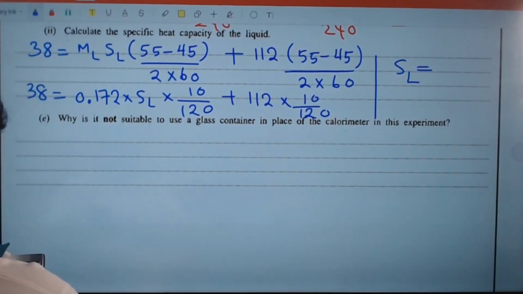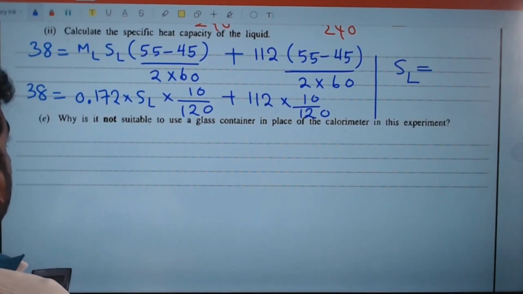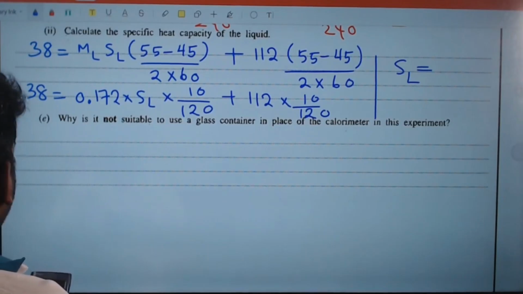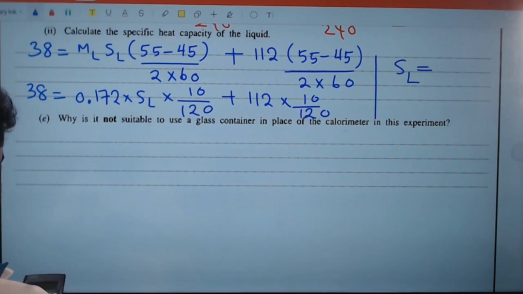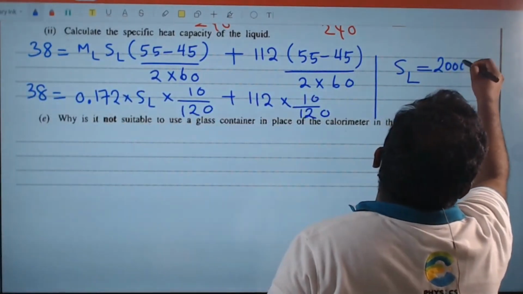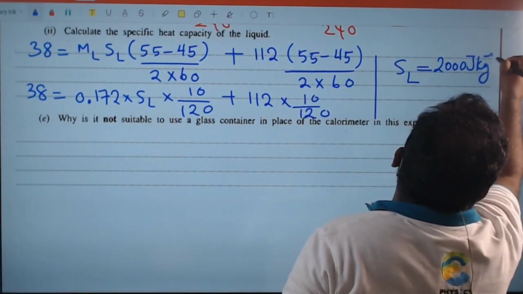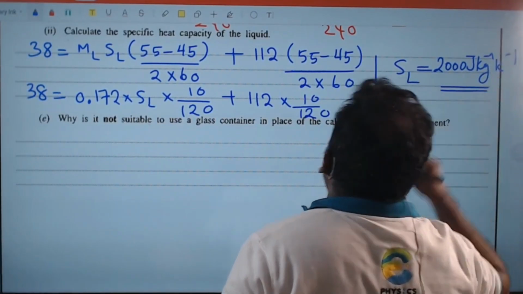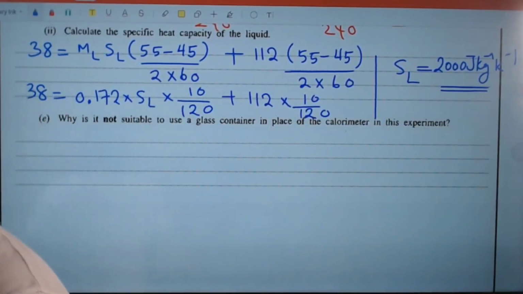So if you do the calculation, it is 2000 joules per kilogram per Kelvin.